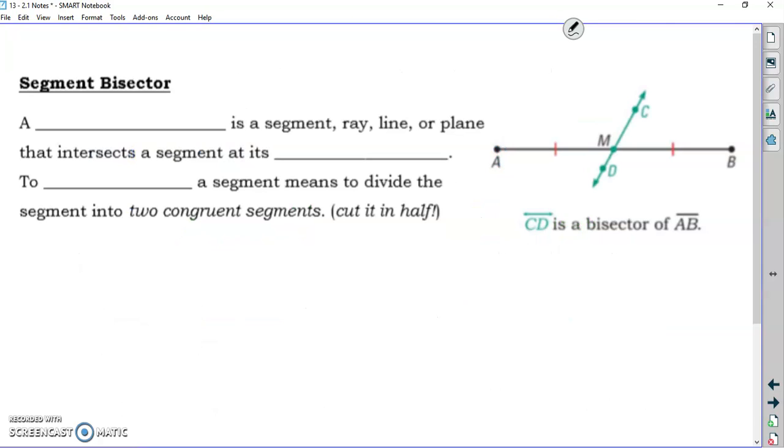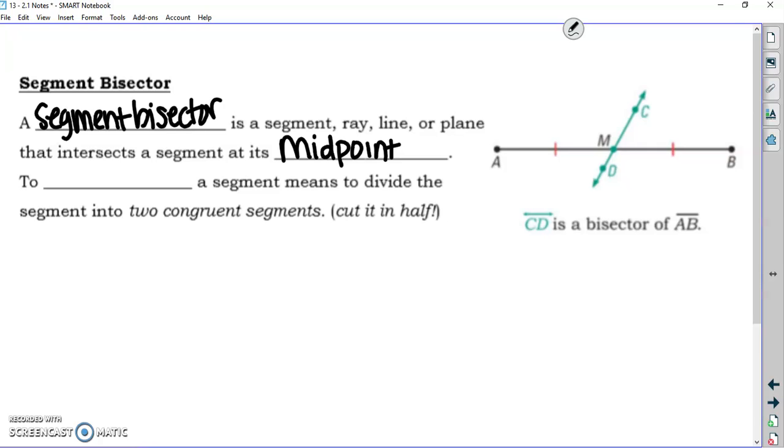So a segment bisector is a segment, ray, line, or plane that intersects a segment at its midpoint. So if you look over in this picture, we have line CD is a bisector of segment AB.